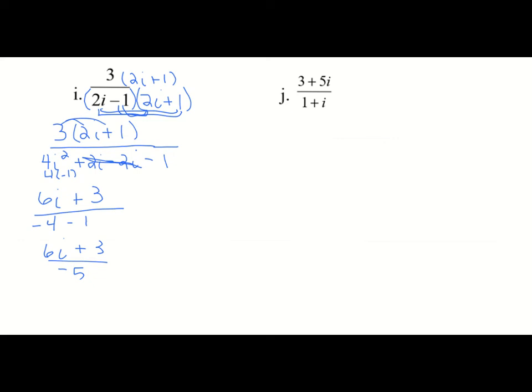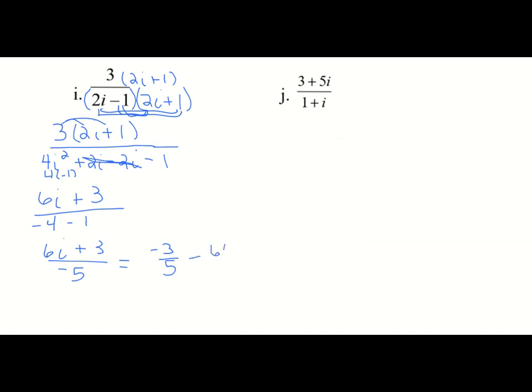I can't really do any simplifying here, but it's not written in complex form. What they want for it to be complex form is for you to break it up into the real number part and the imaginary part. So we want two fractions here. We want the real number part first. So I'm going to do negative 3/5, because the 5 is negative, so it makes this whole fraction negative.